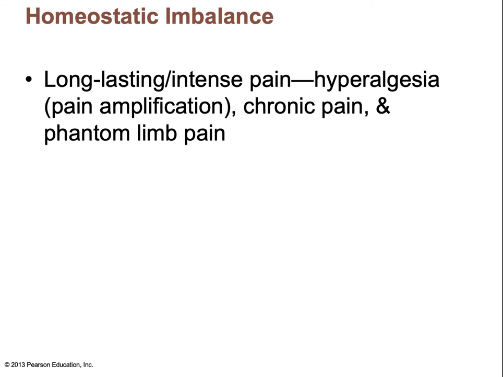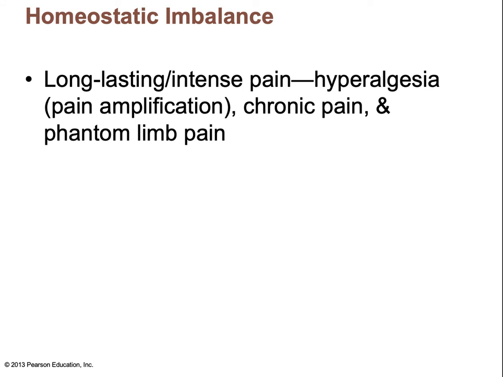Long-lasting or intense pain, called hyperalgesia, is the result of an amplification of a pain pathway that can be produced either from damage in the nervous system itself, okay, or from damage in the areas of the brain that process pain. Okay, phantom limb pain is pain that's felt in a missing limb.